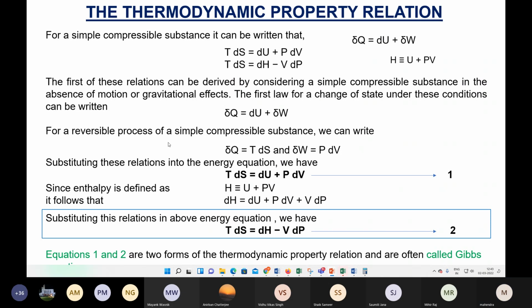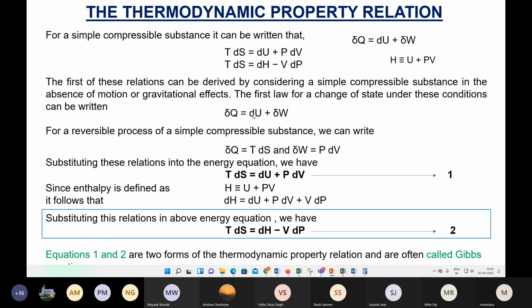Now, in terms of entropy, we are going to define certain other equations. This you know very well: it is the first law of thermodynamics itself.